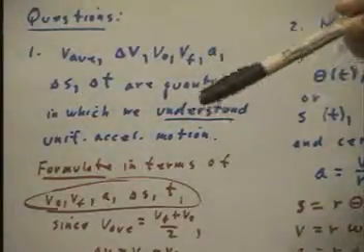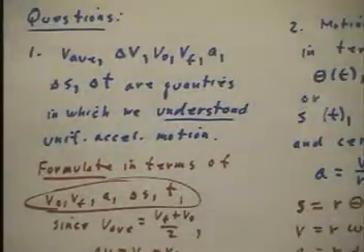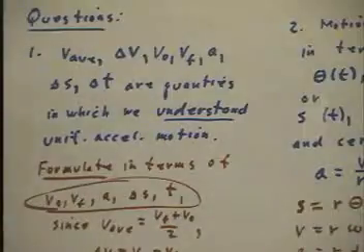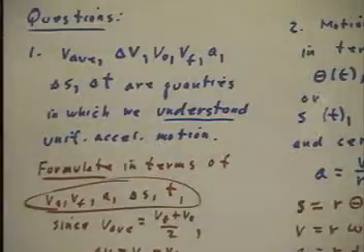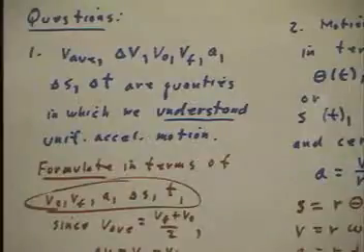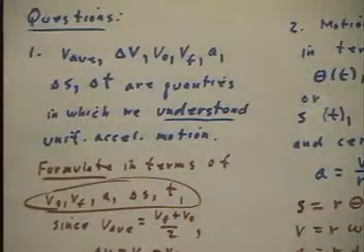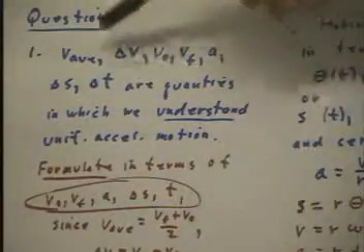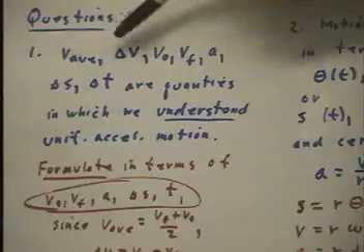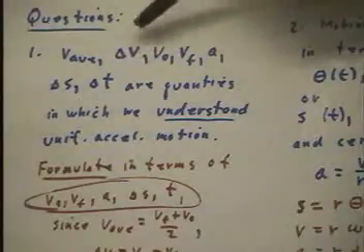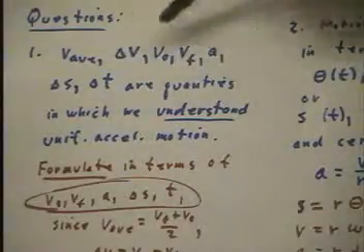Okay, our questions. First question is, in terms of what quantities do we understand uniformly accelerated motion? Not talking about the quantities that we use to model uniformly accelerated motion or to do calculations, but the quantities we use to understand. And I think that those quantities might be average velocity, change in velocity, which is not the same as acceleration.